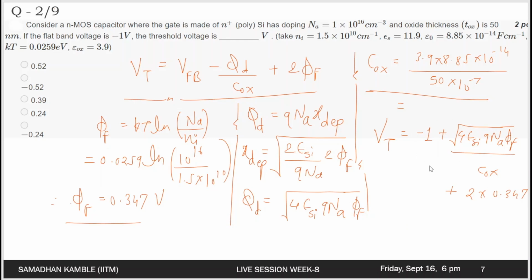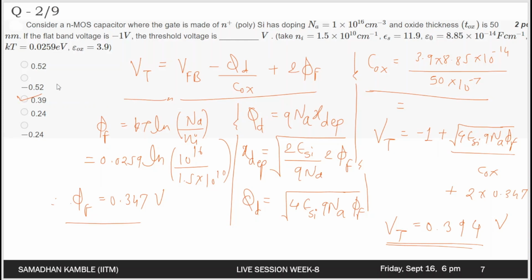If you just calculate it, I'm not going to do it here, I'll just write the final value. Just substituting all these parameters, you will get the value of Vt as 0.394 volt, which is this answer.